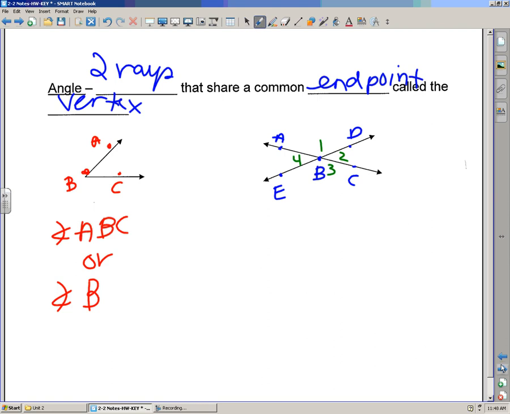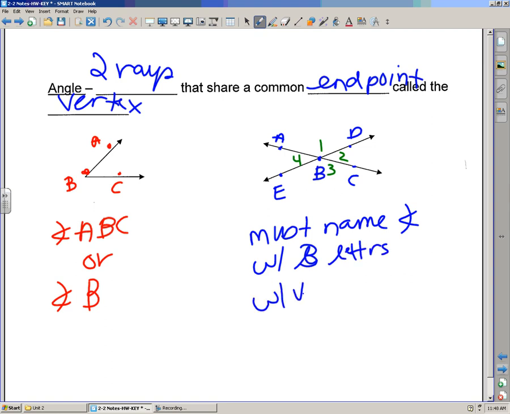So here you must name angles with 3 letters, with the vertex as the center letter.